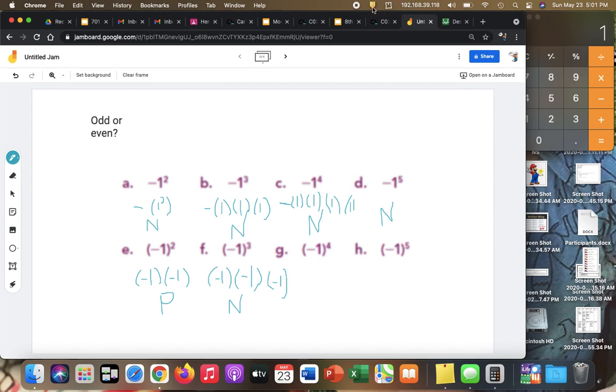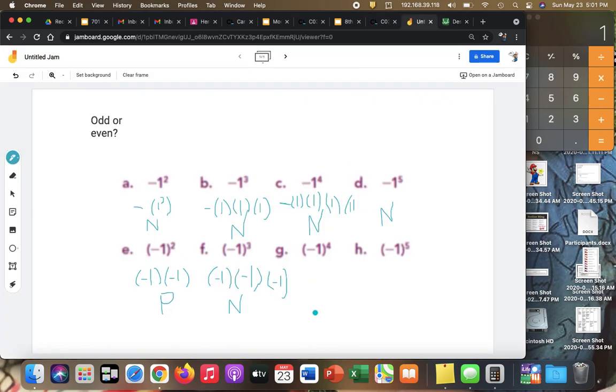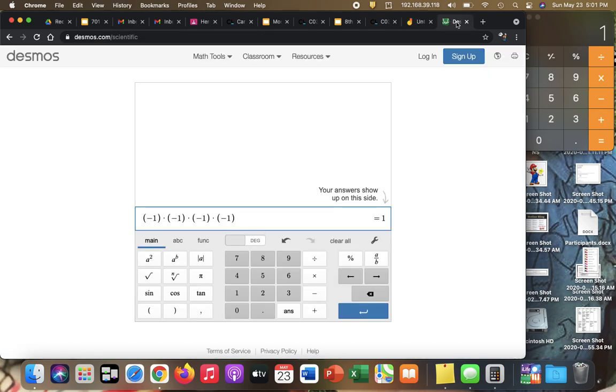Now, watch what happens when I add a fourth one. I'm going to do times negative 1, and the answer has become positive again. Now, let me do a fifth one. That gives me negative. So just to clarify, negative 1 to the first power is negative 1.